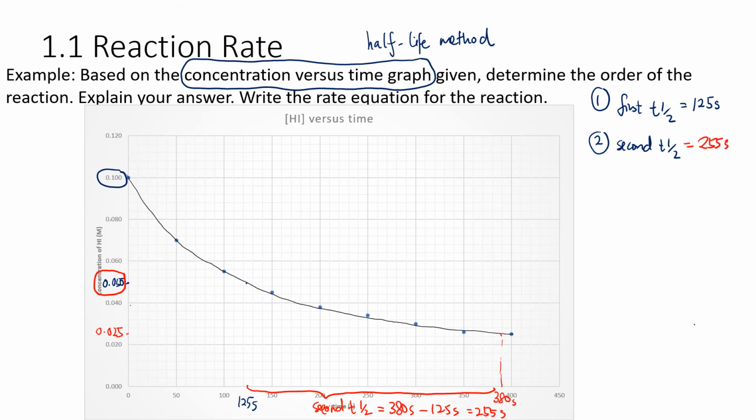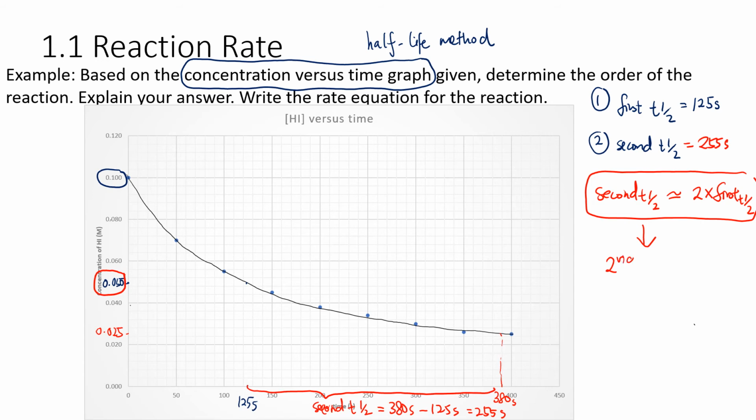And can you see that the second half-life is about double the first half-life? So this indicates that it is a second order reaction.